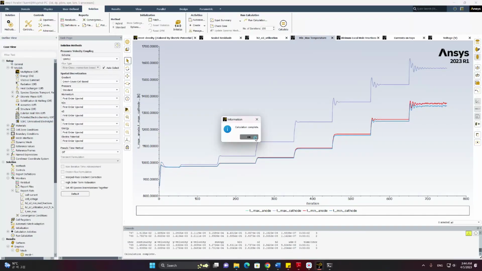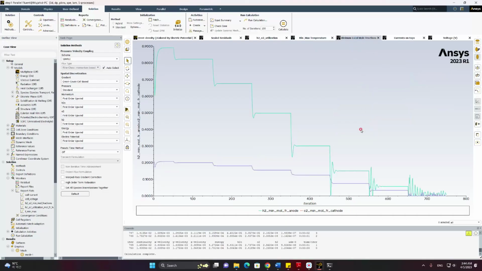As we are applying more and more load, the temperature is also increasing. But these fluctuations are because the fuel utilization and the local starvation of the fuel cell is occurring. And you can see the minimum mole fraction is going up to 0. There is no fuel present.